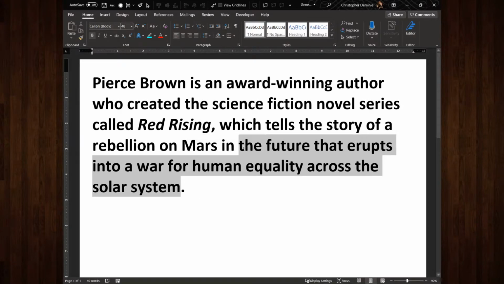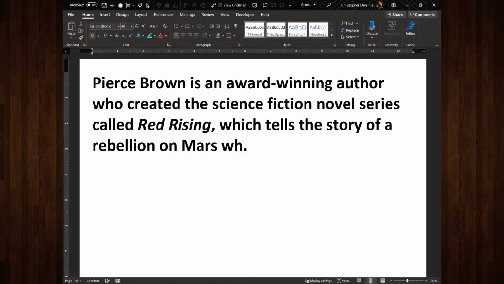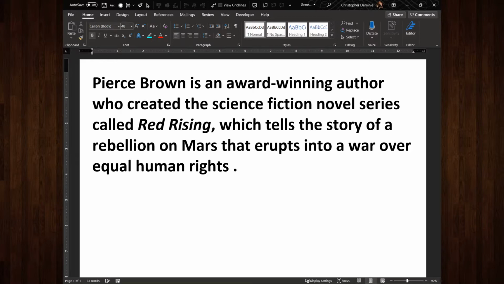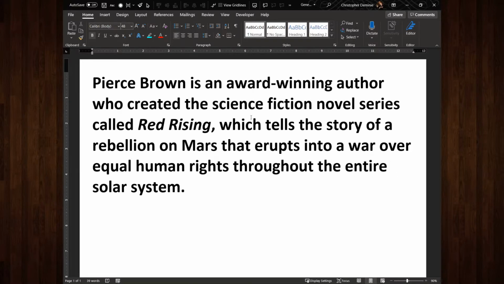Rebellion on Mars that erupts into a war over equal human rights throughout the entire solar system. Okay, that's a little bit better.